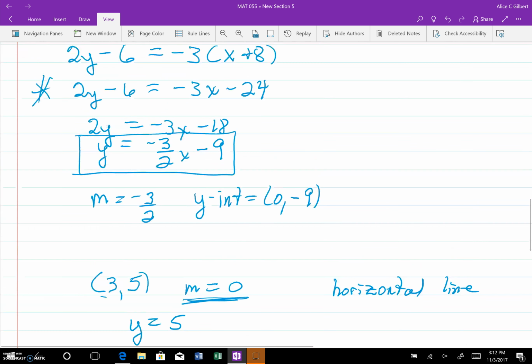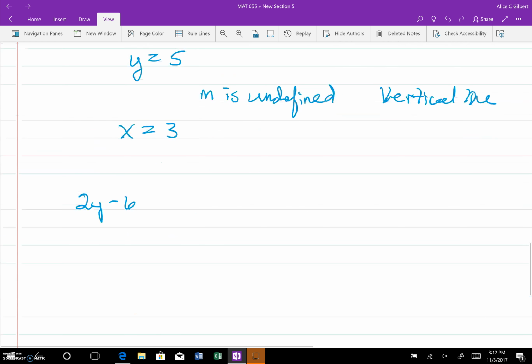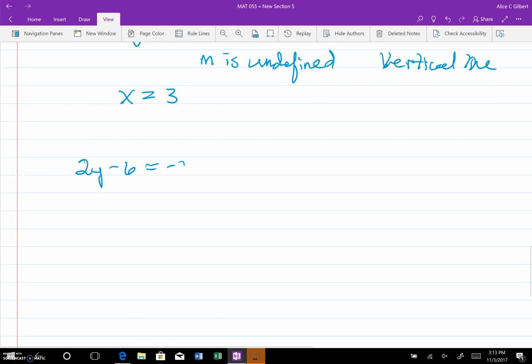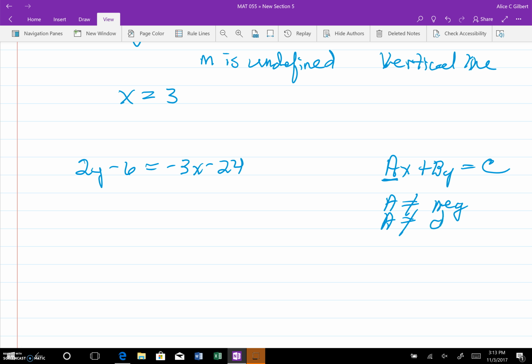Equals -3x minus 24. Okay, and standard form, ax plus by equals c, and a cannot be negative, and a cannot have a denominator, only an integer, and I already got that. So now let's just put it in. So I already took care of the denominator.